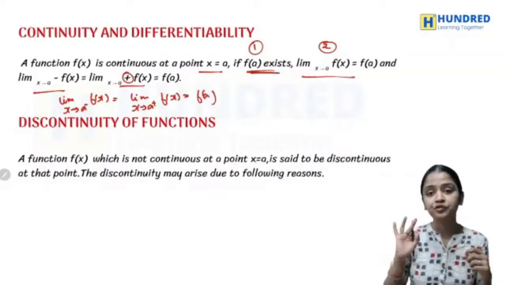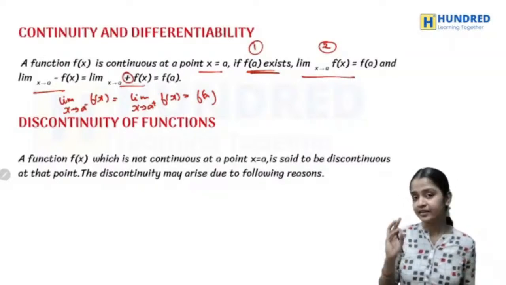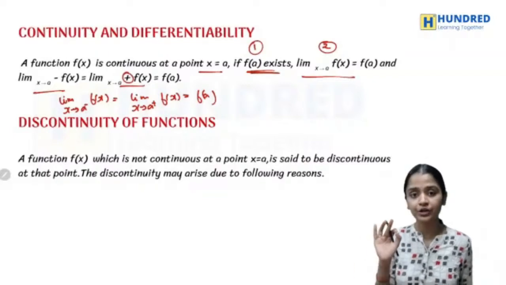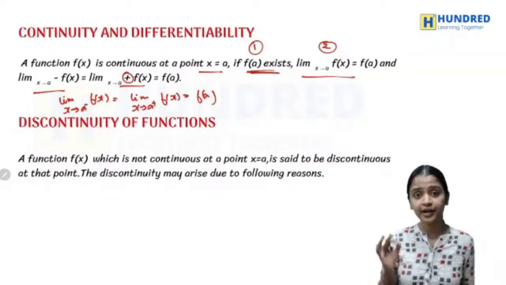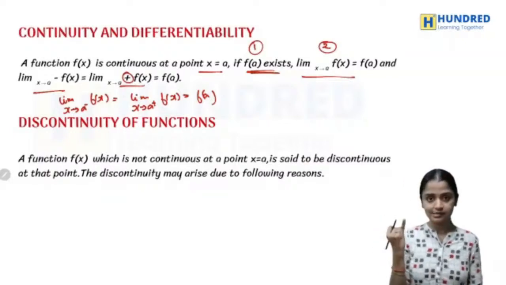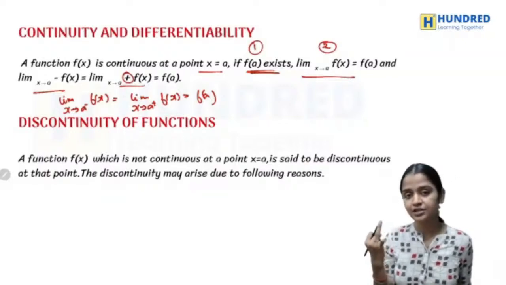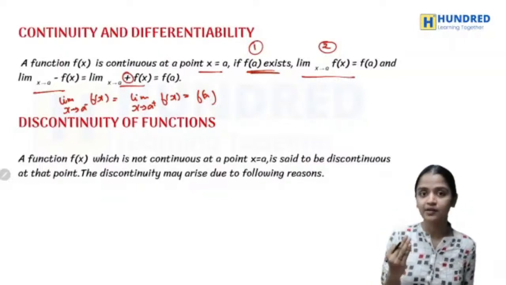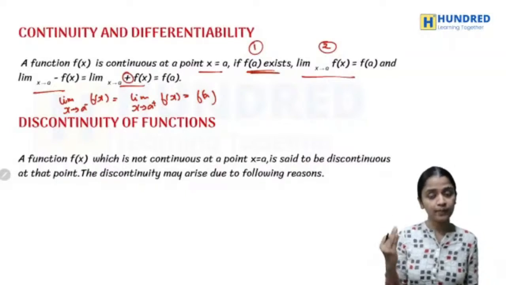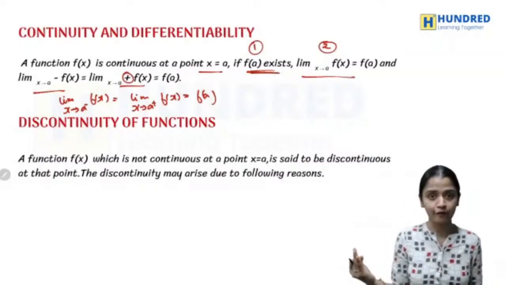Okay, so you have three conditions for you to tell whether the function is continuous at a particular point. You say a function is continuous at a particular point if f of a exists. Next, the limit as x tends to a of f of x is equal to f of a. Then your right hand limit should be equal to the left hand limit, that should be equal to the f of a value.